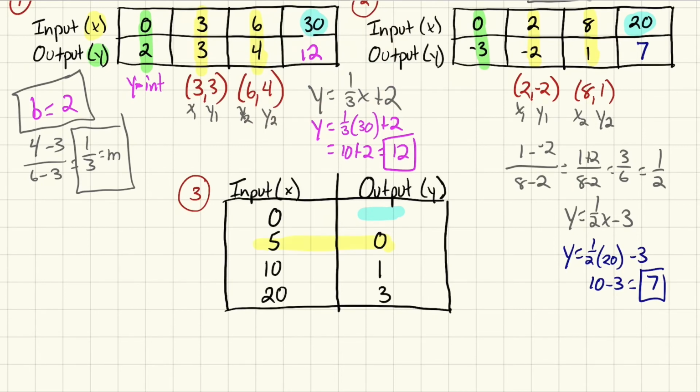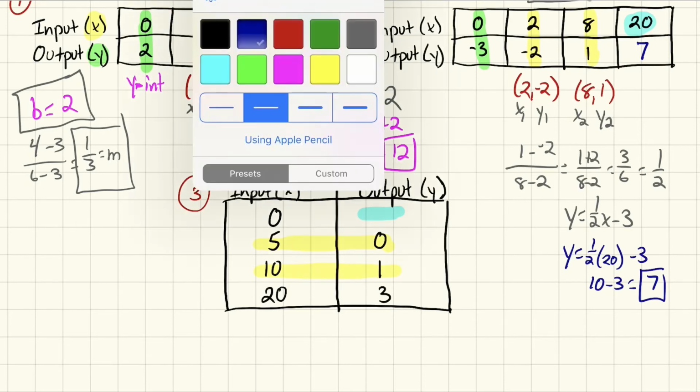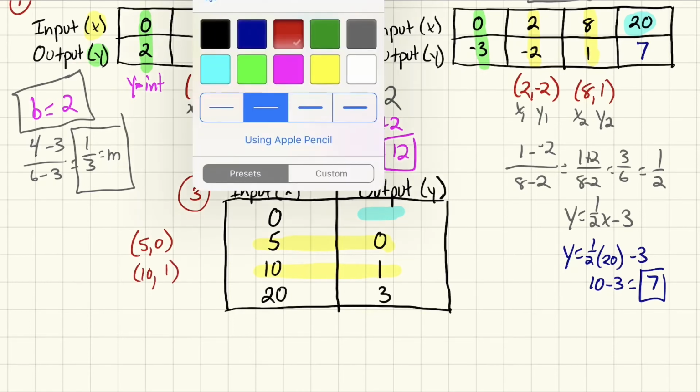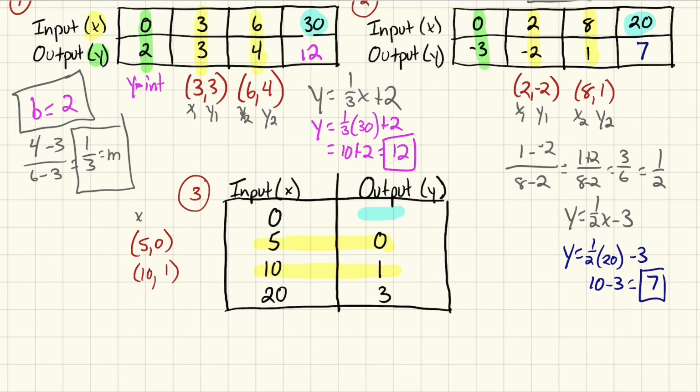Right? So our slope, we take our next 2 points. That gives me an input of 5 and an output of 0. That gives me an input of 10 and an output of 1. Labeling these points, I got x1 and y1 up top, I got x2 and y2 underneath.